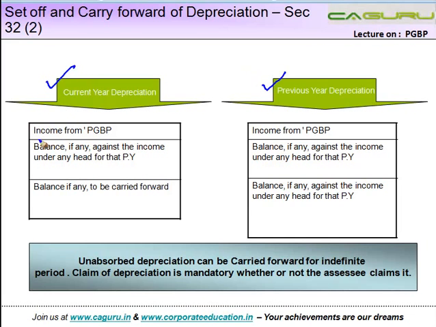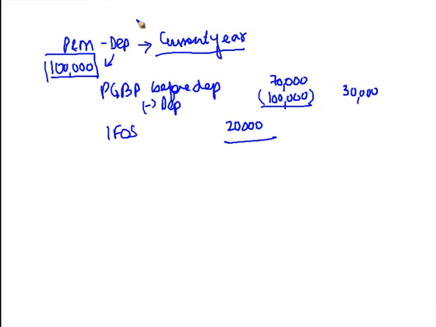So for my current year depreciation, the first thing I need to do is reduce it from the income from profits and gains of business and profession. And that's precisely what I did here. I reduced this from my profits and gains of business and profession, but I was left with a loss of 30,000. Now what do I do with this?